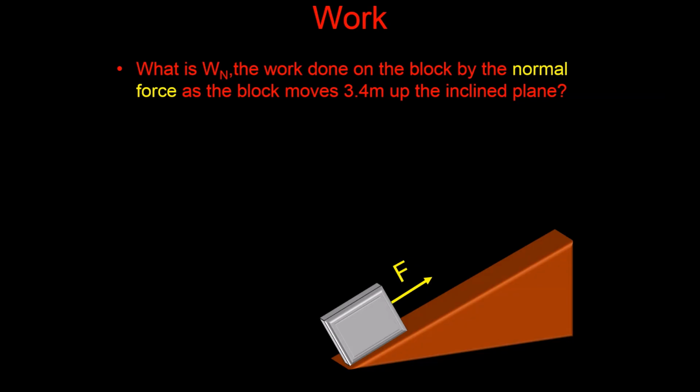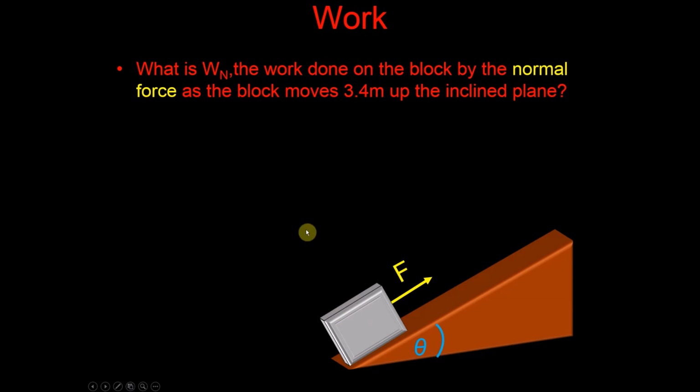So here we're saying now that the situation is essentially the same, but now what is the work done by the normal force as the block moves up the inclined plane? Well, our normal force, remember, is a force coming out of the top of this block. We have our mg downwards, but the normal force comes out here.